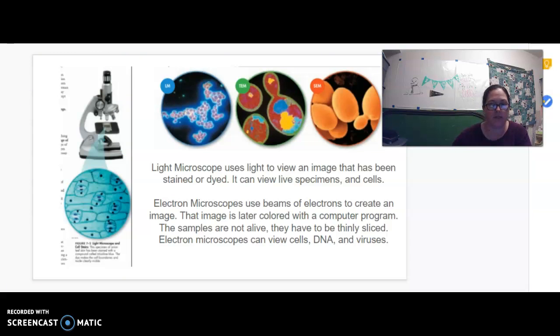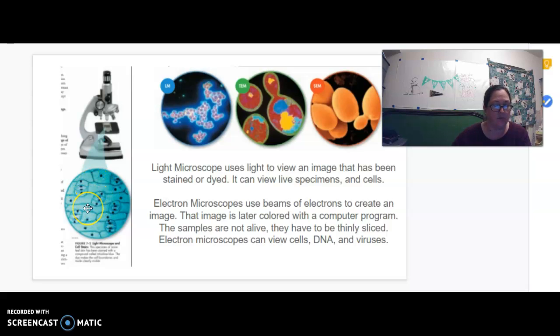Microscopes use lenses to magnify an image by focusing light or electrons. So here we've got a light microscope. This is actually onion cells. So light microscopes use light to view an image that has been stained or dyed. So without the stain, they're translucent and you can see through them.